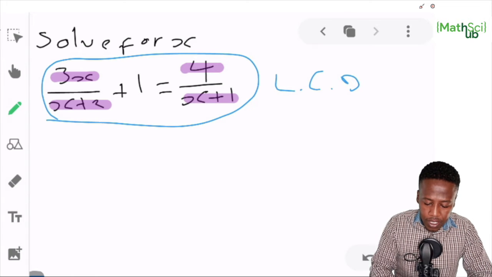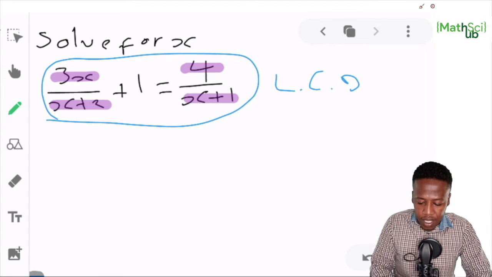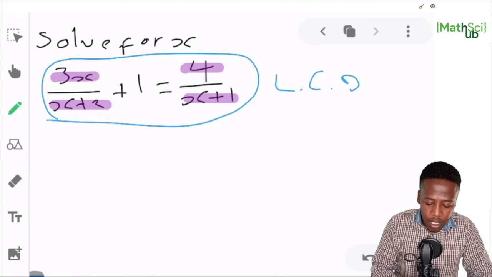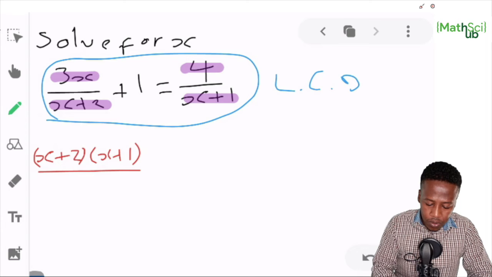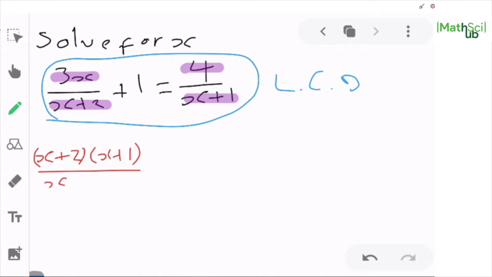In trying to get your denominators to be the same, you need to find your LCD. So we're going to have to multiply this side by x plus 2 and x plus 1.